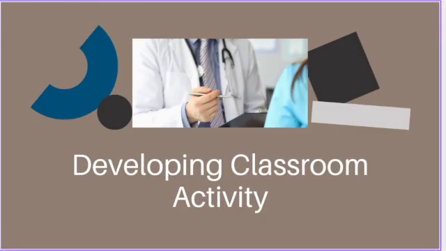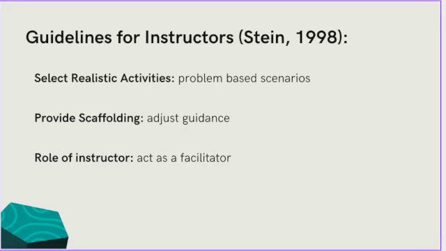Now that we have an overview of situated learning, let us look at how we can develop classroom activities. Guidelines for instructors, as suggested by Stein, are that one should select realistic activities. Choose complex problem-centered scenarios relevant to the desired knowledge.